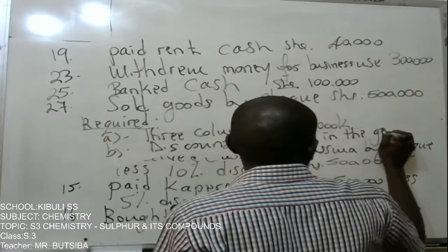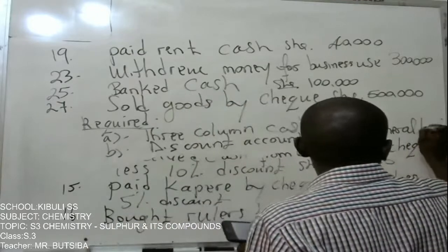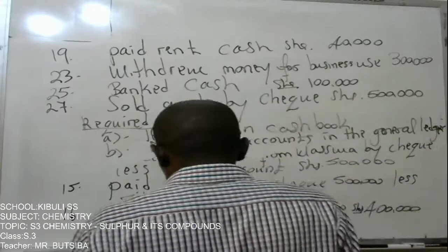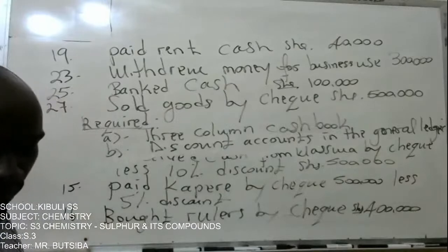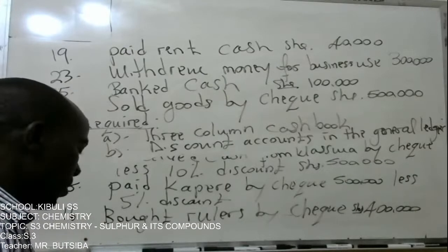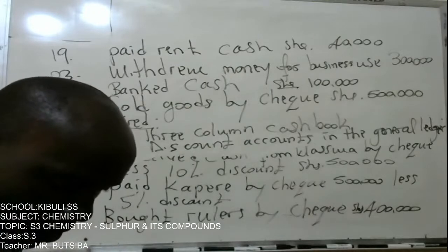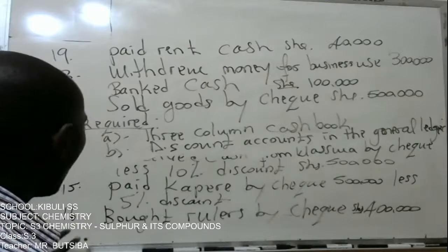And A, the general ledger. If they don't tell you general ledger, they always go for the general ledger, so you state that title on top. That is another question, class, so you can try out that one. If you can succeed, that means you are done with your 3-column cash book.